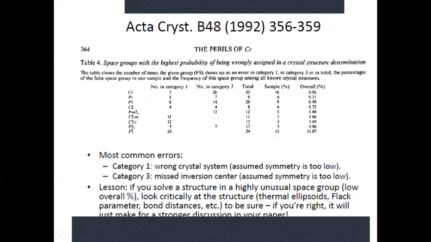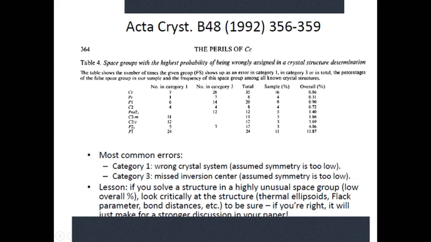So this is just showing you the pearls of what's wrong with Cc. And these are the space groups that have the most probability of being assigned wrong. So Cc, Pc, P1, C2. So you don't want to just arbitrarily assign one of these space groups. You want to investigate to make sure it is supposed to be Cc or C2.